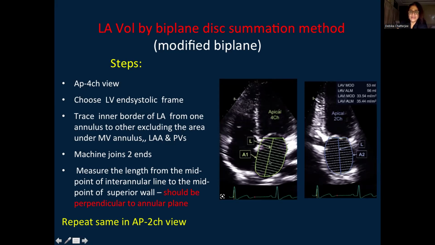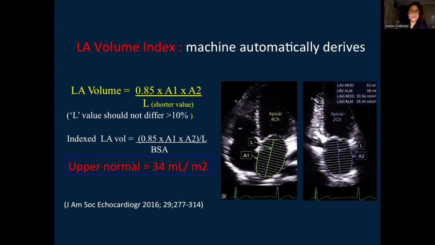Now we are getting all these measures. The machine utilizes this formula: 0.85 times area 1 times area 2 divided by L. Out of these 2 L values, the shorter value is taken, and we should be careful while taking this measurement of length, because the difference between this L and this L should not be more than 10%.